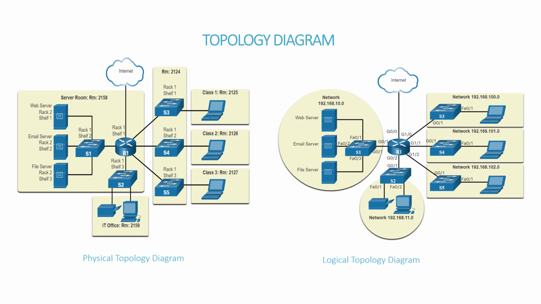You will see even with the switch which interface is connected to each server and the interface that is connected to the router, even the router with the switch, and you will see the IP of the network in the IT office and the IP of the network for each class.